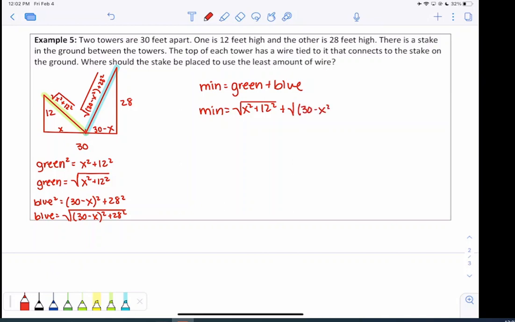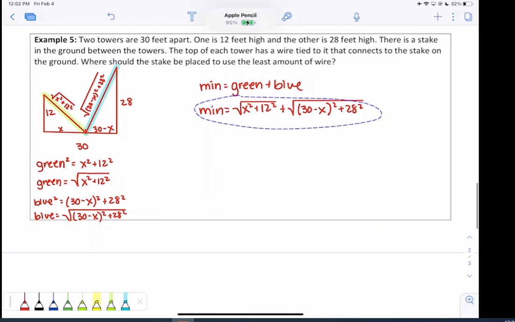Oops, hold on, this is 30 minus x squared. It's cold? You guys. So if I want to minimize this, I would take the derivative and set it equal to 0. I did it on my notes, but I'm not going to make you guys do it. It's too complicated. Happy Friday, you don't have to take the derivative of this.